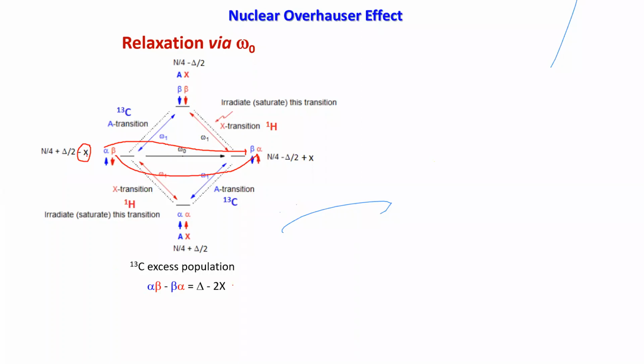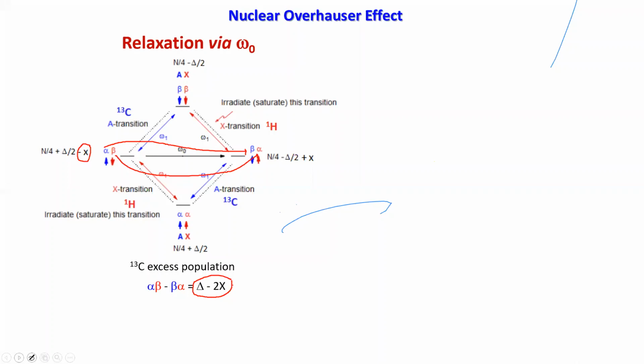If you don't consider the minus x going to here, you have the initial excess population del. Now your population is coming to del minus 2x. So your excess population is decreasing from the previous situation. What is going to happen?